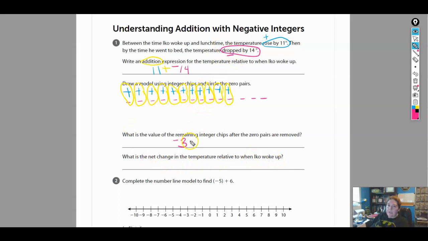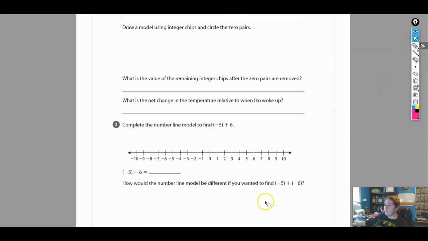What does this negative 3 mean? We're talking temperature. So I can say that it is negative 3 degrees. The temperature dropped by a total of 3 degrees when he woke up. Or I can put these to words and say it's a loss of 3 degrees. Easy peasy, huh? All right, let's move down to the next one.